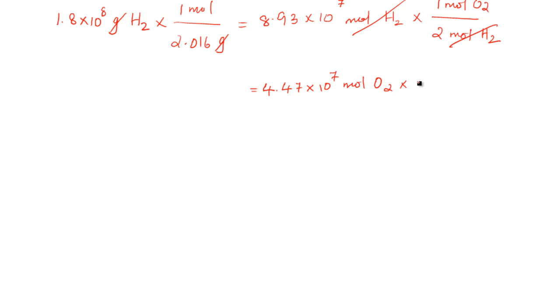Okay. So multiply this by 32 grams per 1 mole. So how many grams of O2 do you require? You will have the answer when you finish that math. So this was our first question.